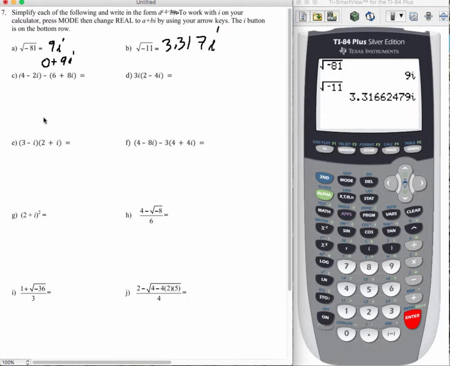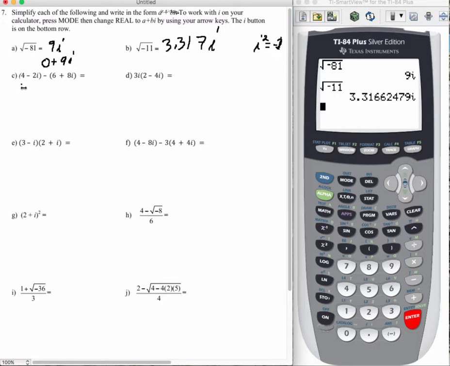All right, now we're going to do some other arithmetic operations with complex numbers. It turns out it's fairly straightforward. If you just deal with i like it was x, just pretend that i is x with one strange property, and that is that i squared is equal to -1. Besides that, it's going to work out pretty much how you would expect.